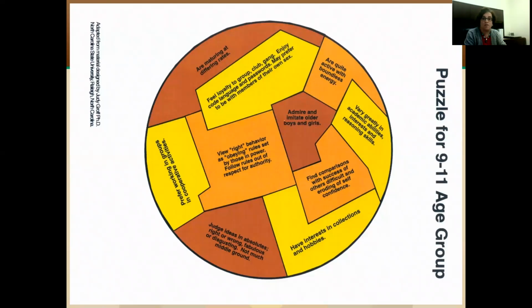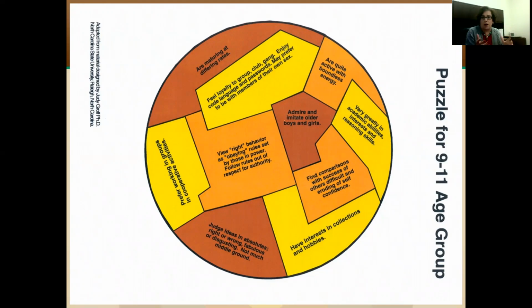This is where they really feel that loyalty to a group, a club, a gang. They like to create that code language and passwords. I can remember being this age, and my friend and I, there was a tree down on a ditch bank, quarter mile from her house, and that was our secret club.